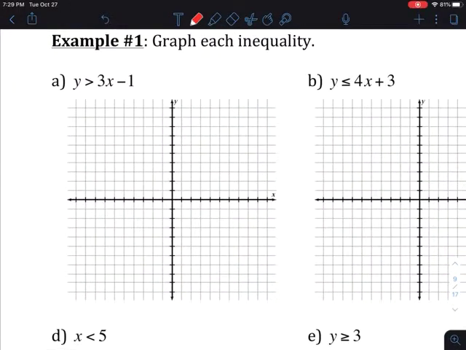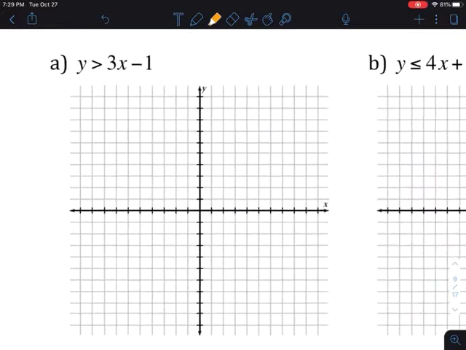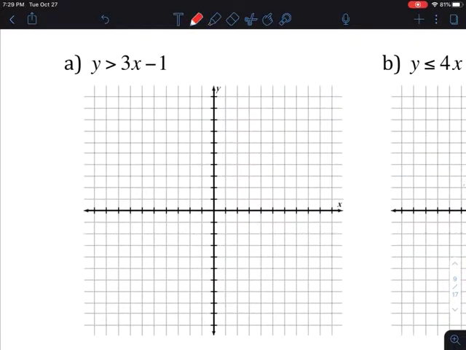Okay, so the first guy, graph the inequality. It's in slope-intercept, so I'm going to go ahead and graph it. The y-intercept is at -1. The slope is 3, so that's up 3, right 1. What kind of line is this going to be? I look at the greater than. That is a dashed line.